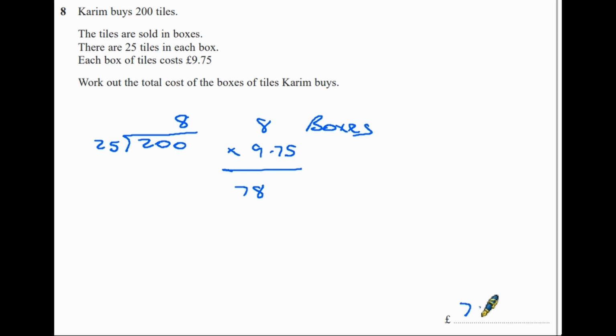So that will be done with 200 divided by 25. Again, don't forget this is a calculator question, so on your calculator 200 divided by 25 is 8. So there are 8 boxes. Each box is £9.75. So the second calculation is 8 multiplied by 9.75, and the answer is 78. So £78.